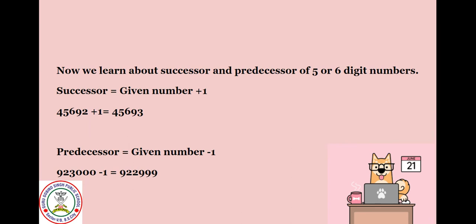So predecessor is equal to given number minus 1. To get the predecessor, 1 will be subtracted from ones place. So successor of 50,000 is 50,001 and predecessor is 49,999. Hope it is clear to you.